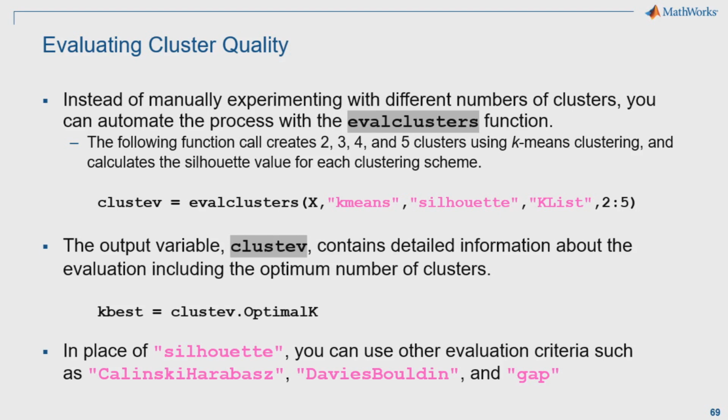For the first group of replicates with k equal to 2, for the second round with k equal to 3, up to k equal to 5. For each of the cluster results, this function evaluates the silhouette coefficient for each data point, and based on that it will return a structure with information regarding, for instance, the optimal k found during the different runs.